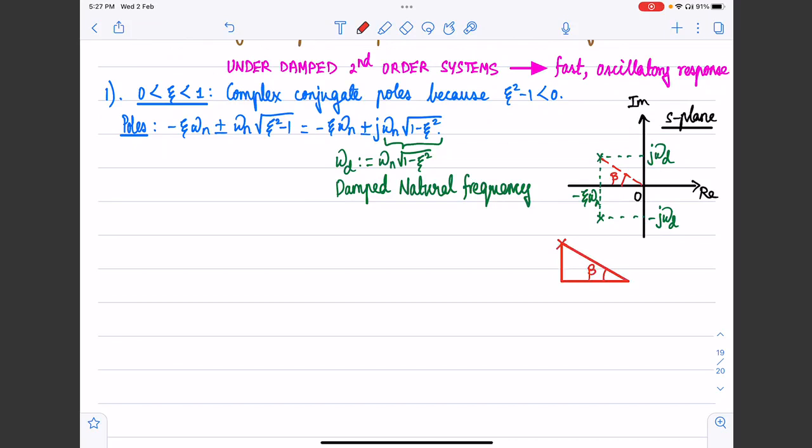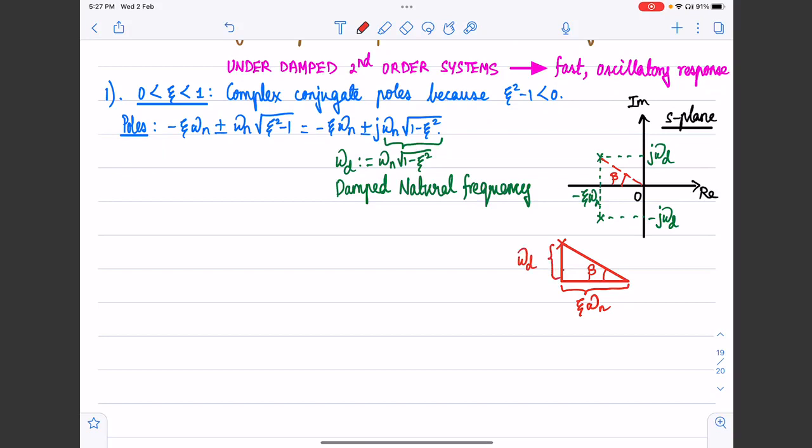This base part, or the adjacent side, has a length of zeta omega n. Now I'm not looking at the sign, only at the magnitude of the triangle side. And this height, the vertical part, is going to be omega d.